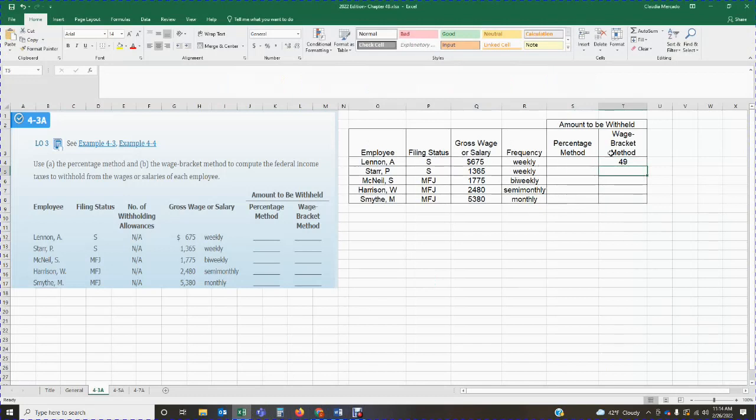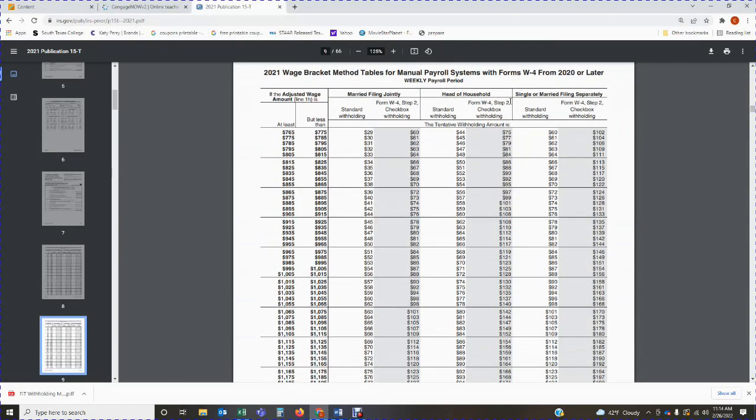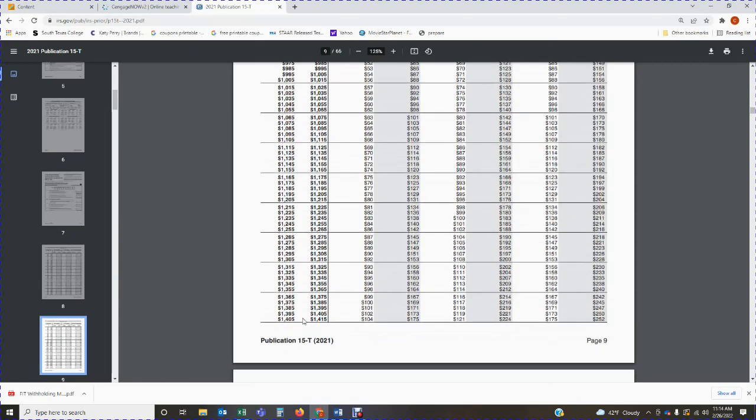Now I'm going to do all of them for the wage bracket, get that out of the way, and then we move on to the percentage. We're out once again in the weekly table, single, and this time they make $13.65. So let's look for $13.65, and we're still using the single standard withholding column. We're going to be using that second column.